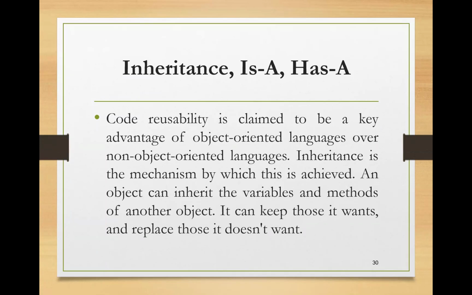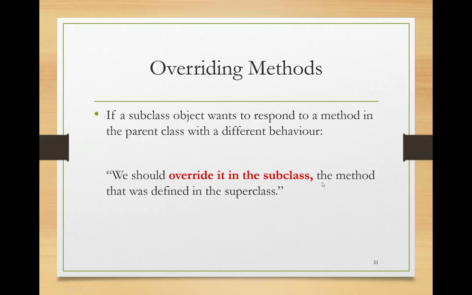And then car has a name, car has a year, car has a registration number, car has a model. Likewise, you can have a has-a relationship. Therefore, the attributes it has are called the has-a relationship. Through inheritance, you can say is-a relationship. And then we discussed overriding methods.